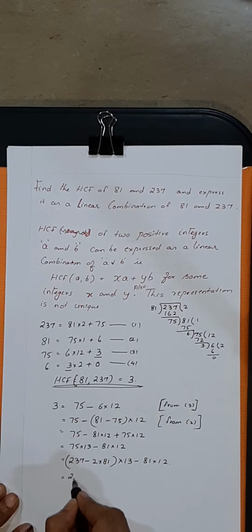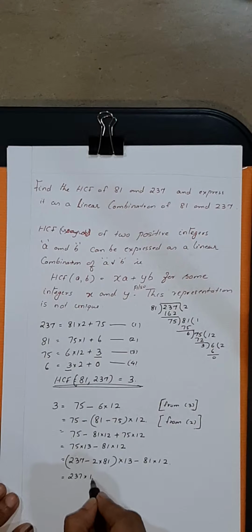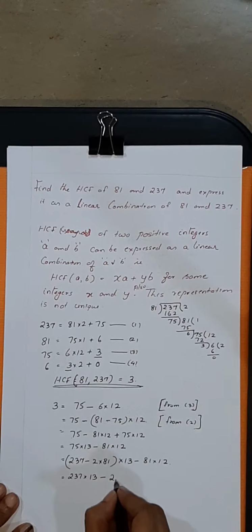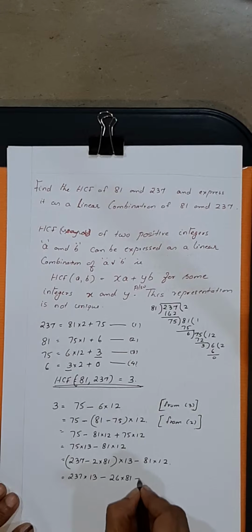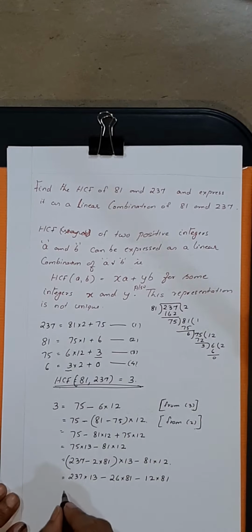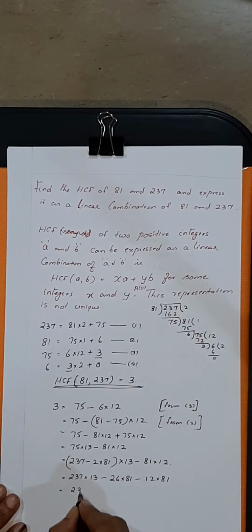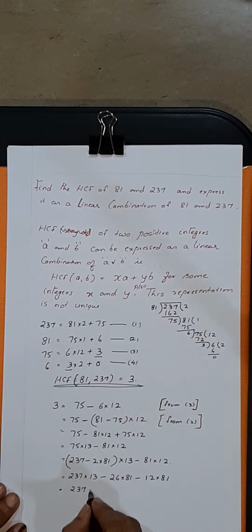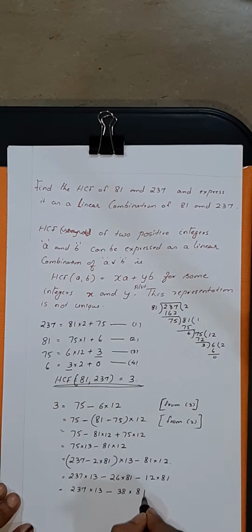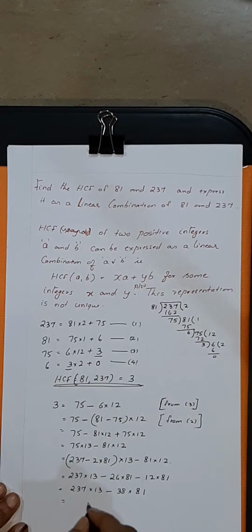So this will become 237 into 13 minus 13 into 2, 26 into 81, minus 12 into 81. So this is equal to 237 into 13 minus 38 into 81.